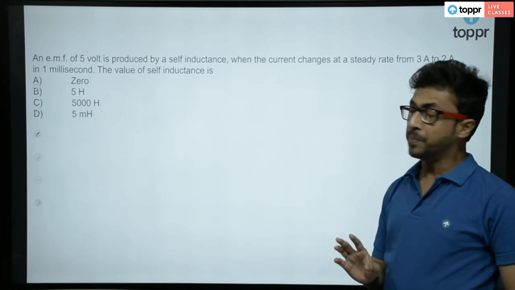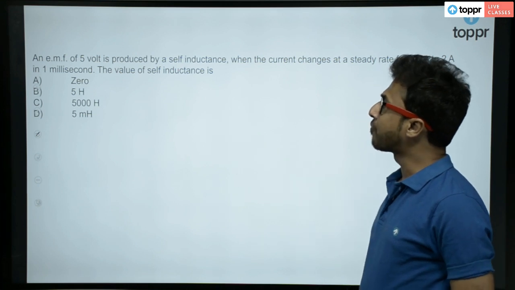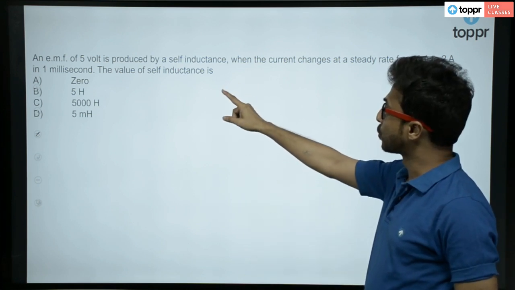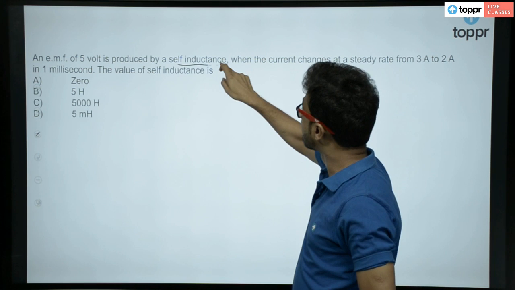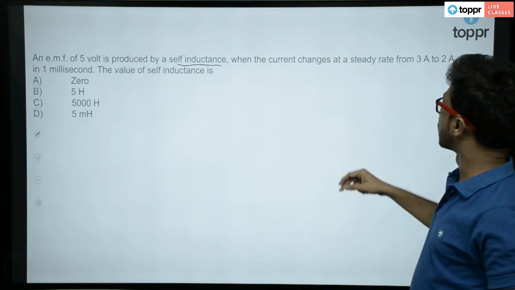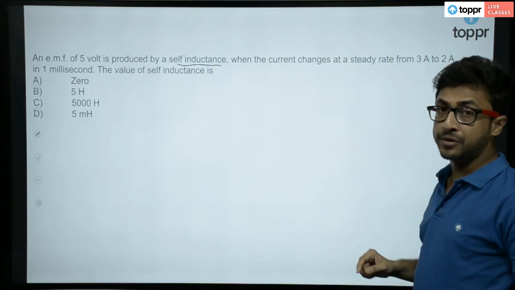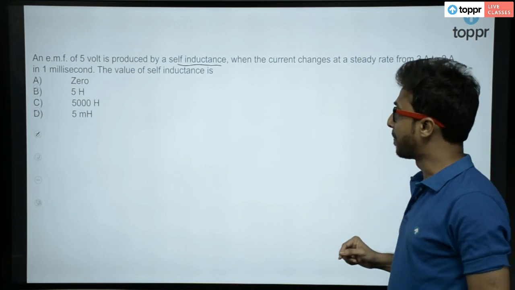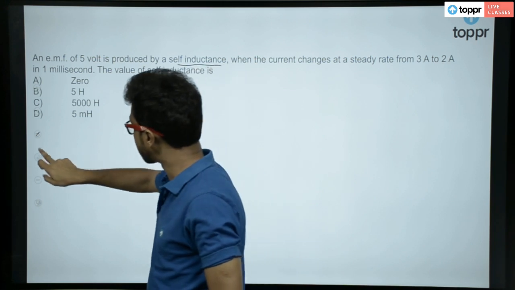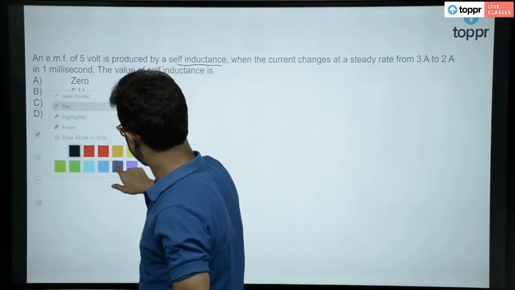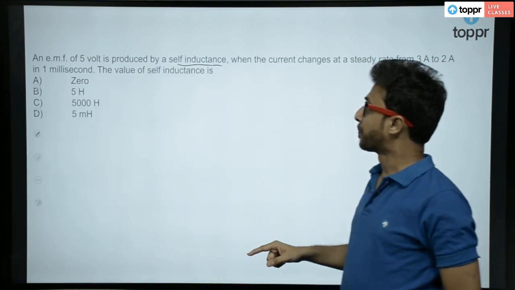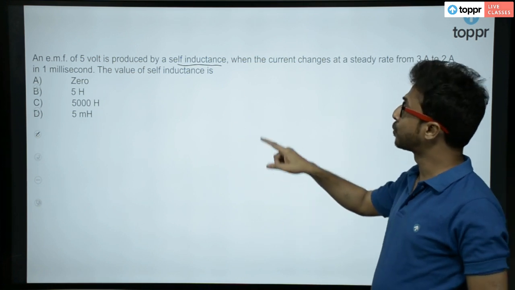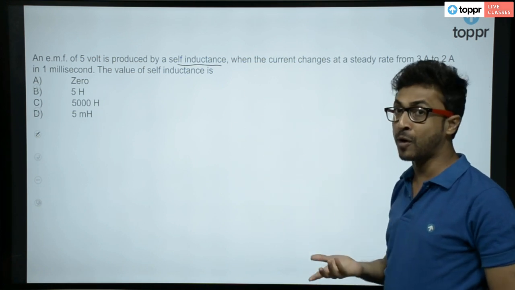The first problem: an EMF of 5 volt is produced by a self-inductance when the current changes at a steady rate from 3 ampere to 2 ampere in 1 millisecond. The value of self-inductance is? See, an EMF of 5 volt is produced by self-inductance. Which formula to use?